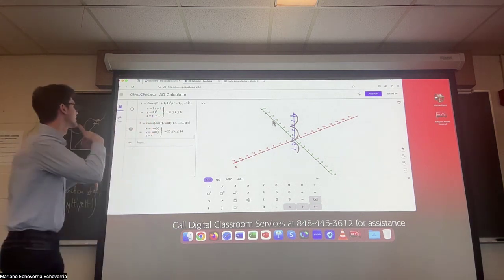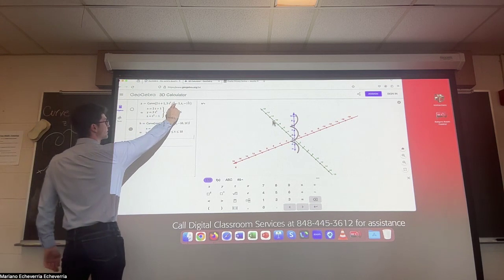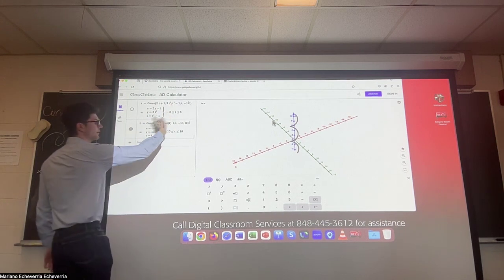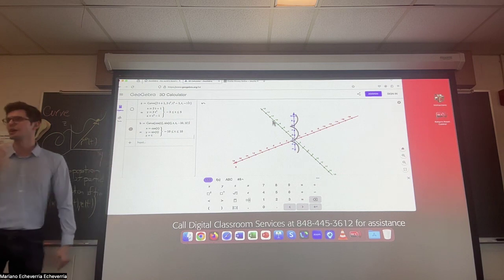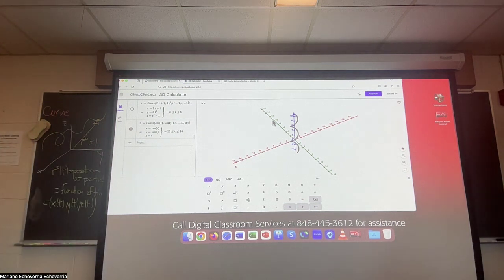In this case it was 2T plus 1, 3T squared, T minus 1, but here it was cosine, sine, and you could have other things. You could have exponentials, you could have other stuff. Does that make sense? It is any function of time that you would like to use.